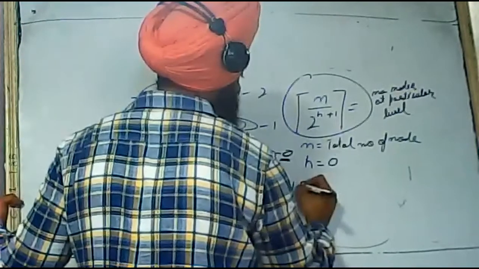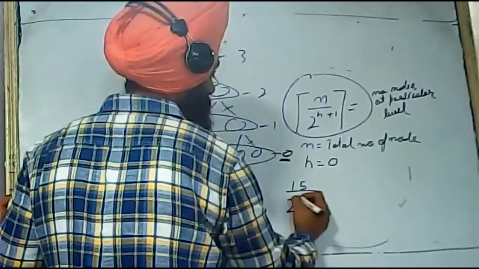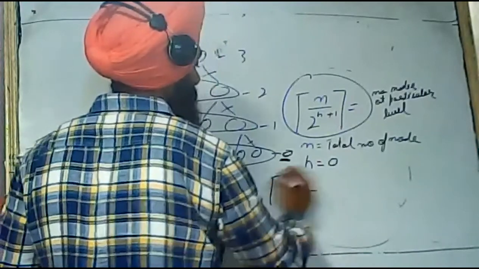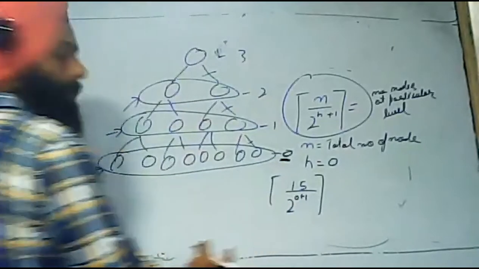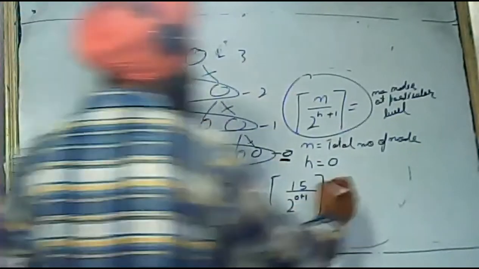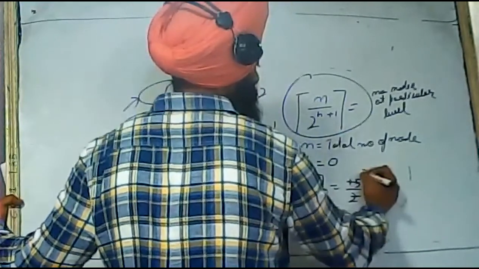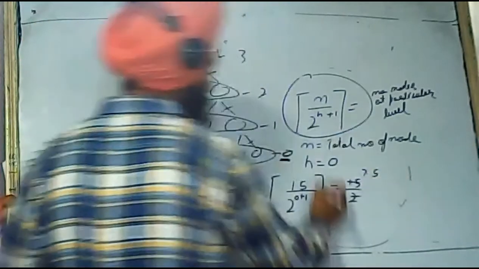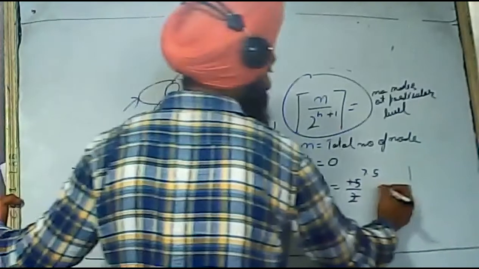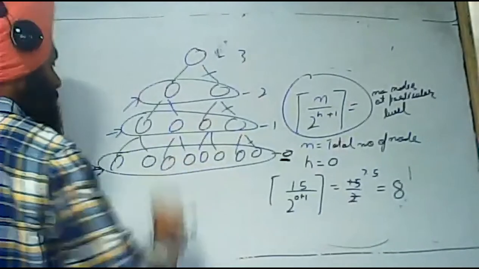So the formula is 15 divided by 2 raised to power 0 plus 1, and its ceil value. 2 raised to power 0 plus 1 is nothing but 2, and 15 divided by 2 is 7.5. Because we are taking its ceil value, that is 8. So the number of nodes at 0 height is 8.